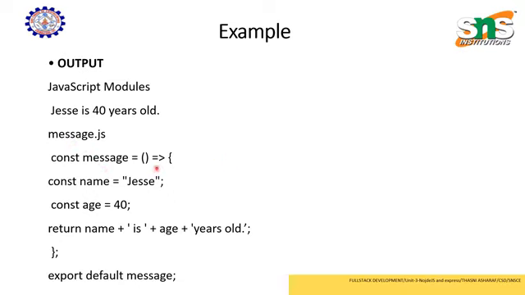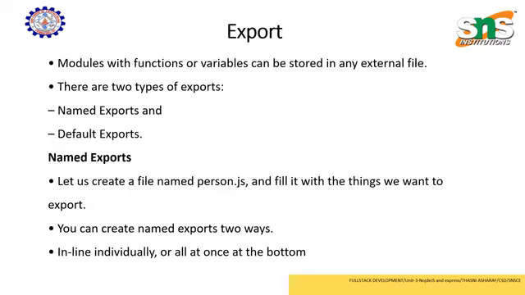The constant name will be Jesse and age will be 40. It returns name plus age plus years old. So it will display my output as Jesse is 40 years old. This is how a module works.